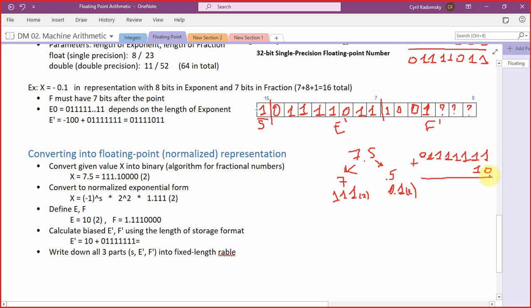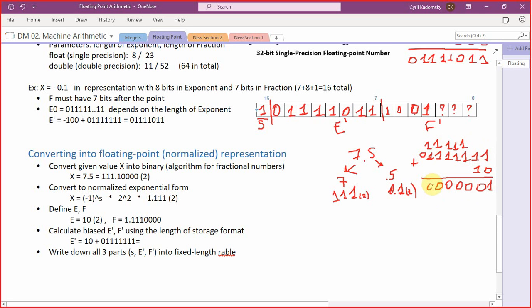In the last bit we have 1 plus 0, which is 1. Here we have 10, so we have a carry. In here we also will have a carry, and in all following bits up to this one we'll have a carry.